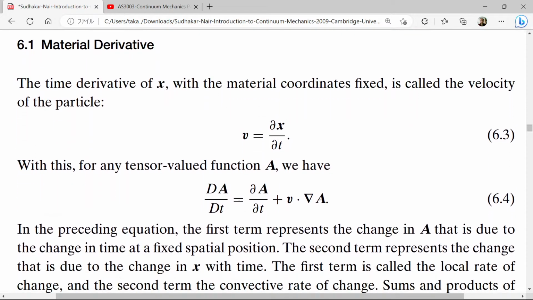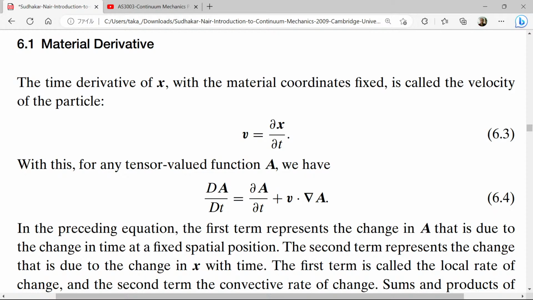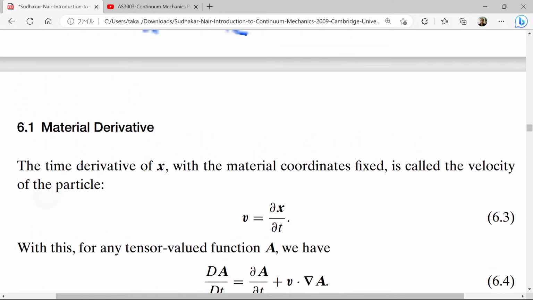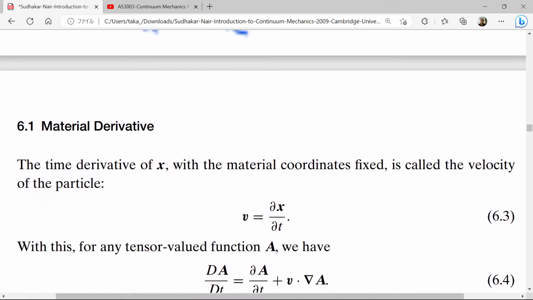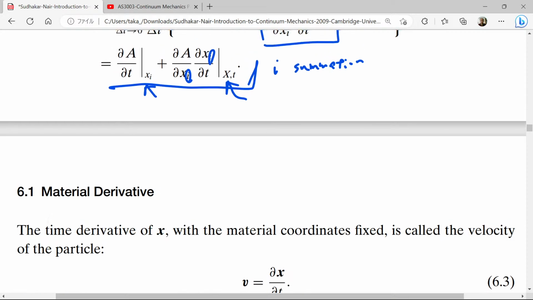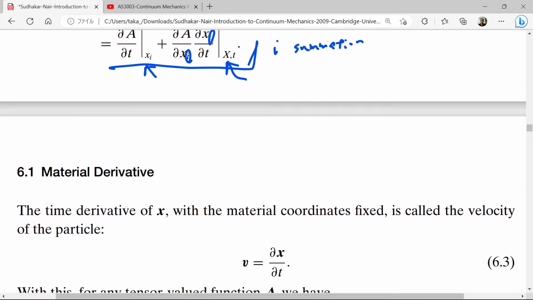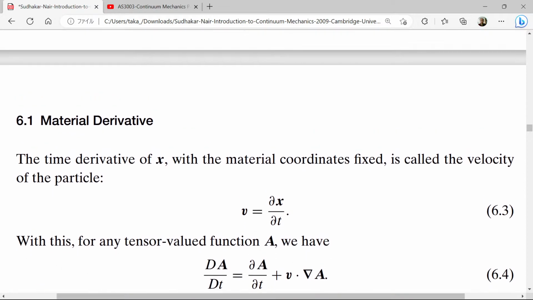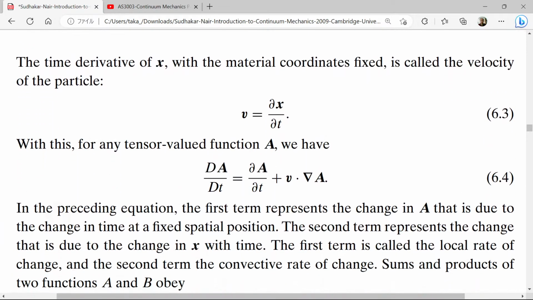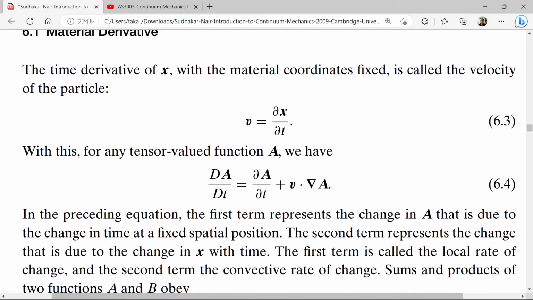Okay, so then with this, for any tensor valued function A, we have A dot equals partial A partial t plus v dotted with gradient A. Interesting, right?